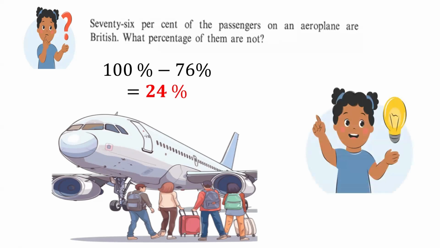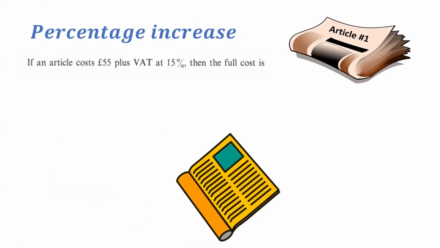Okay. Let's see the next term, percentage increase. According to the question, if an article costs £55 plus VAT at 15 percentage, then what is the full cost? Here the percentage is increased by 15 percentage. We know the percentage is for 100 and then add the 15.